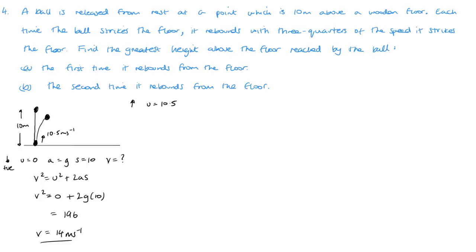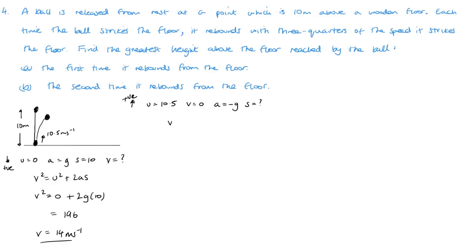I'm taking upwards as positive. V is going to be equal to 0 because we want to find its greatest height. A is equal to minus G, and S is what we want to find.